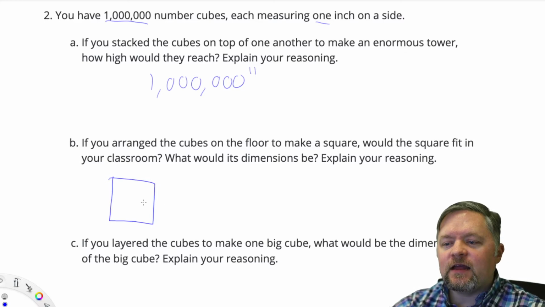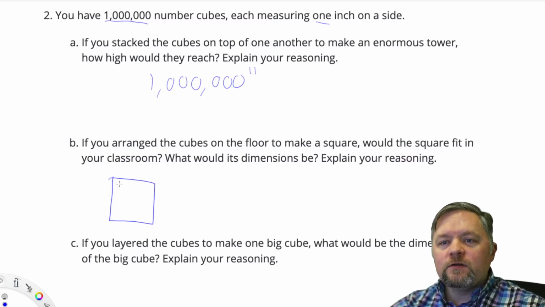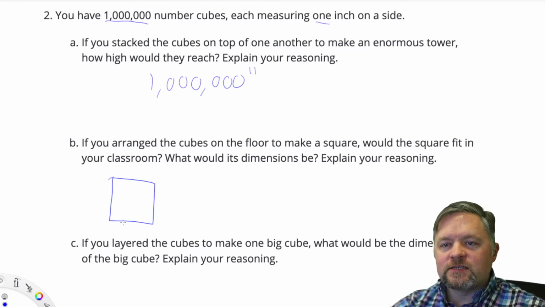If we had a square with an area of 1 million square inches, what would be the side length? What do we multiply by itself? Because this length needs to be the same as this length. What do we multiply by itself to get 1 million?